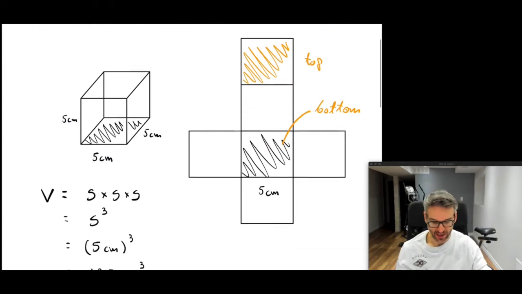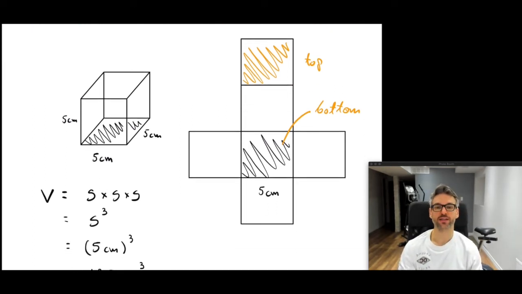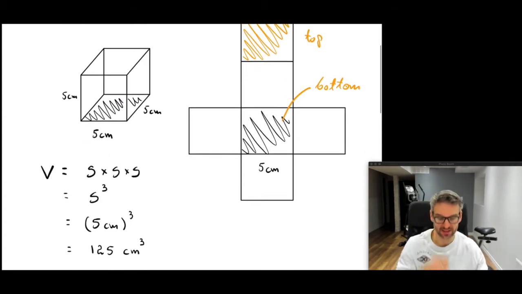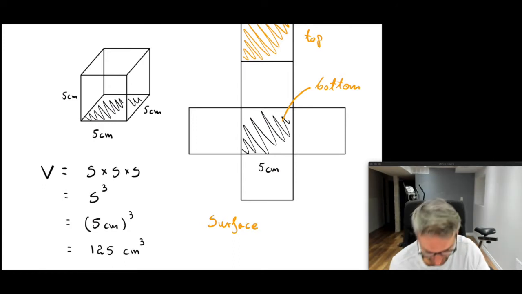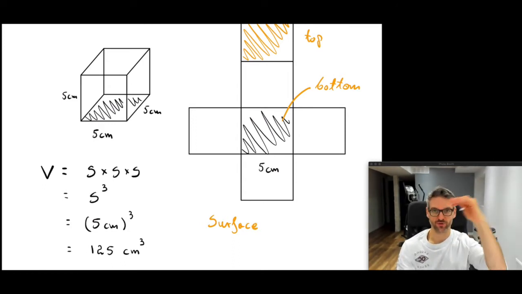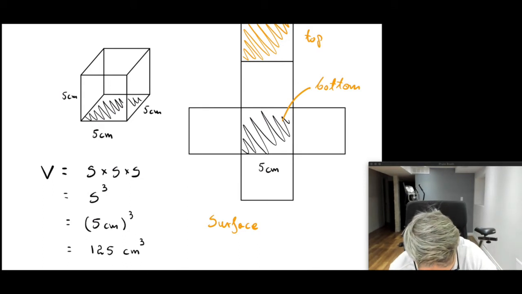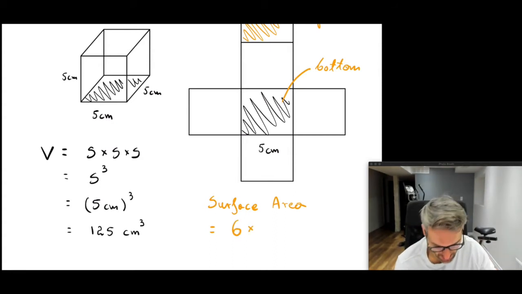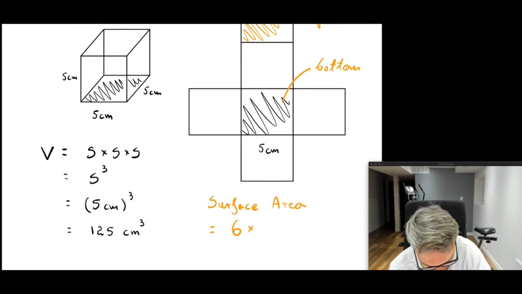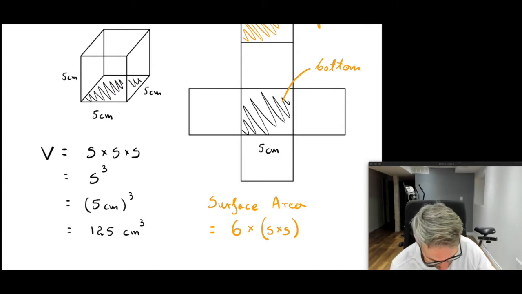As you can see, you can certainly calculate the area of each side. For this cube, we have 6 sides, and they're all the same. The surface area means the actual surface of each of those sides, tops and bottoms, so we're just interested in the area of those surfaces. I have 6 of these sides, and because they're all 5 centimeters, it's just side multiplied by side, because it's a cube.